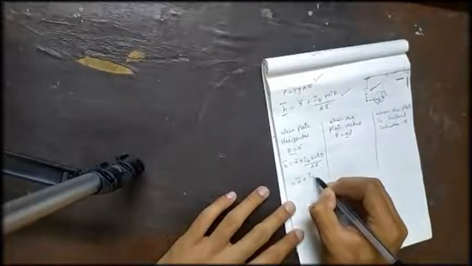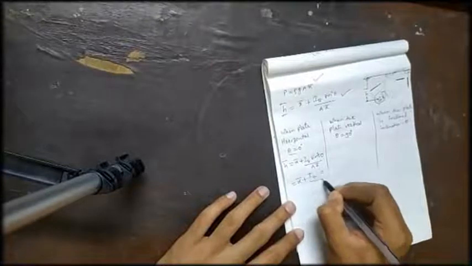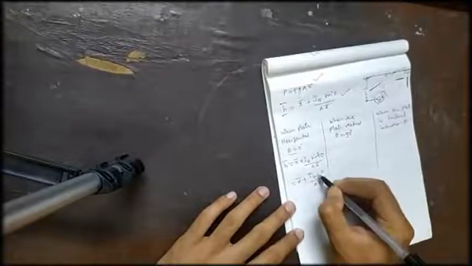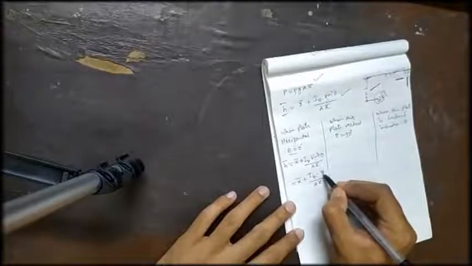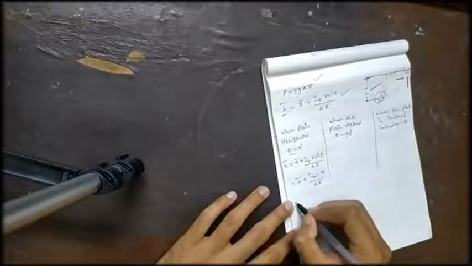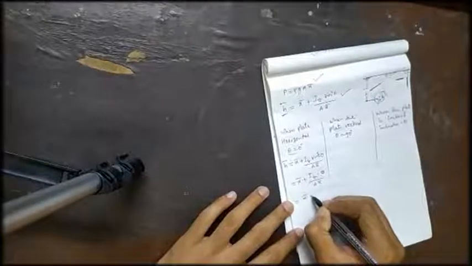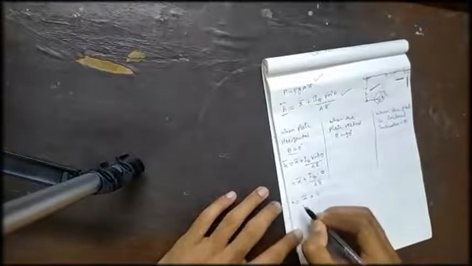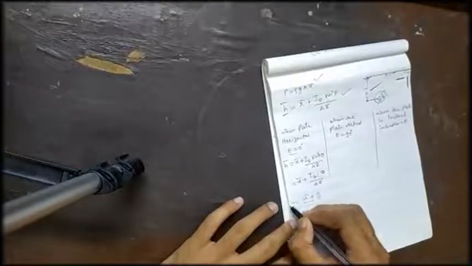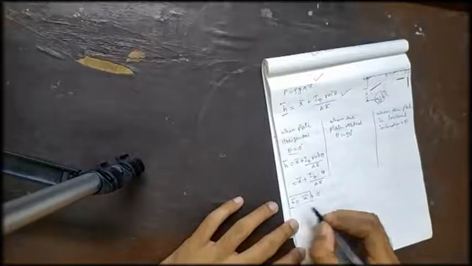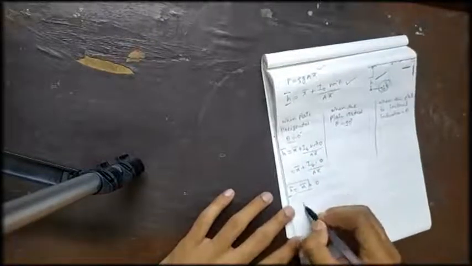So this term is 0 divided by A x bar. 0 into anything is 0, and 0 divided by anything is again 0. So x bar plus 0. So when the plate is horizontal, h bar and x bar are same.